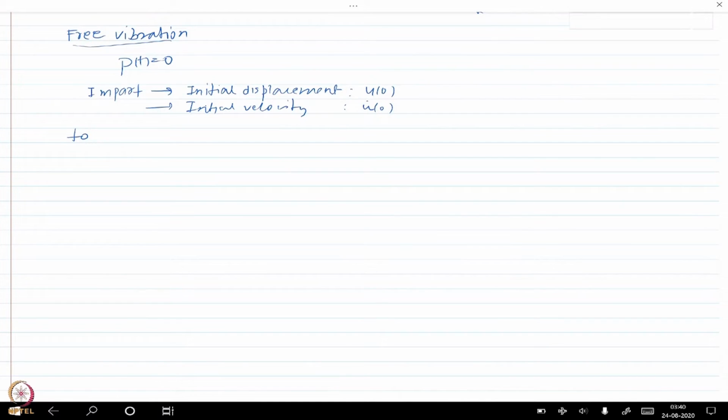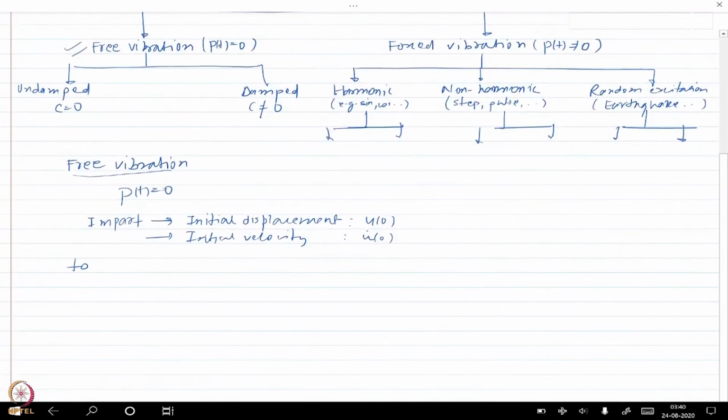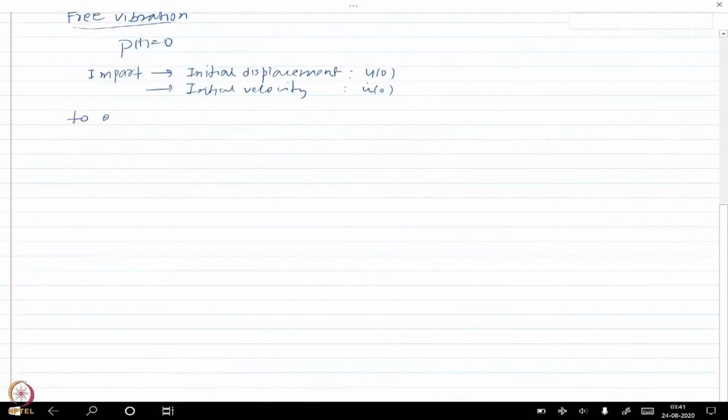Let me write it here: to obtain important parameters, and we can do that experimentally.